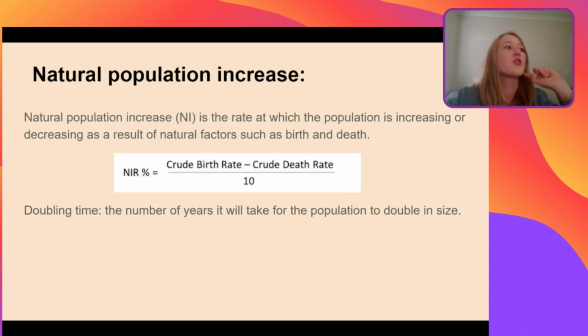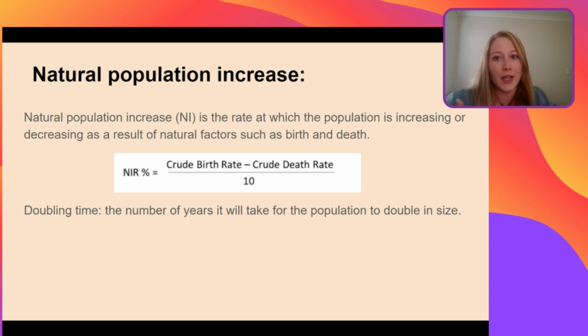That brings us to natural population increase. So we have kids coming into the world and people exiting the world. If we have more people being born than are dying, we have an increase. If we have more people dying than being born, we'll have a decrease. It only looks at birth rate and death rate.